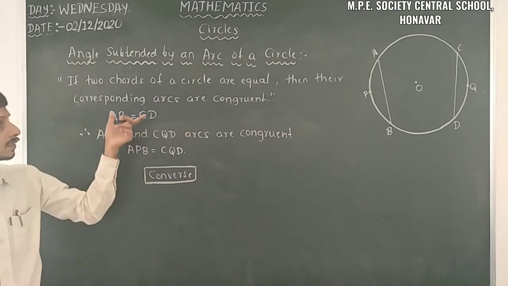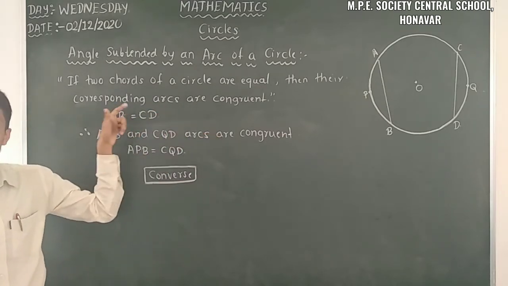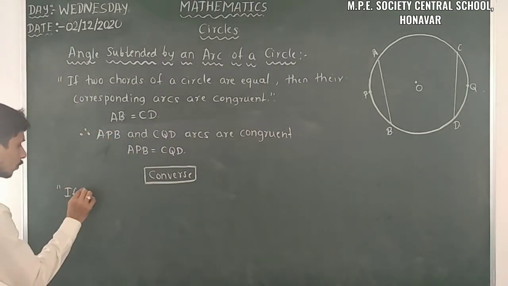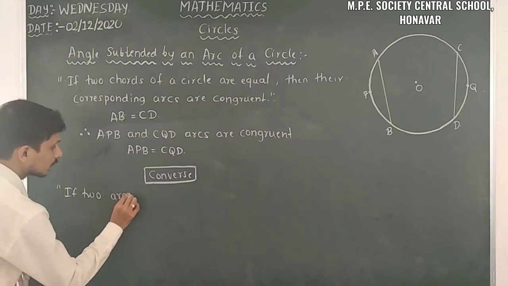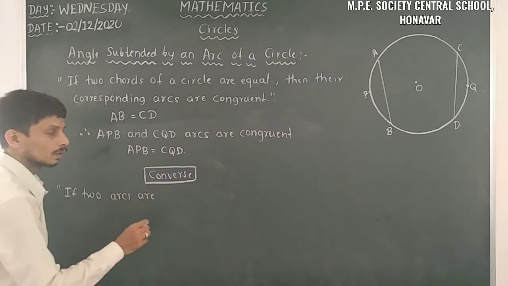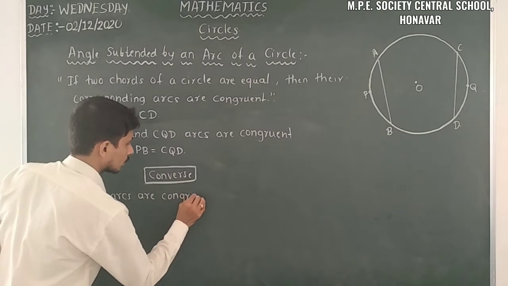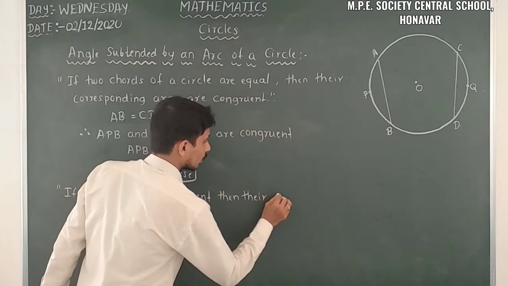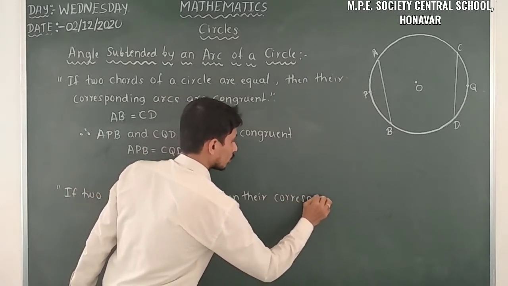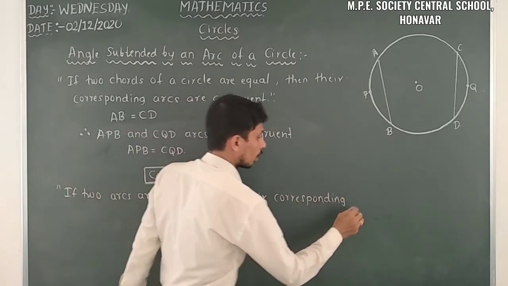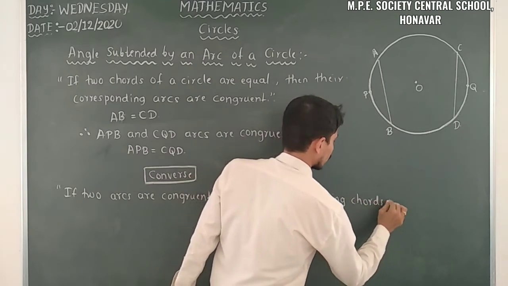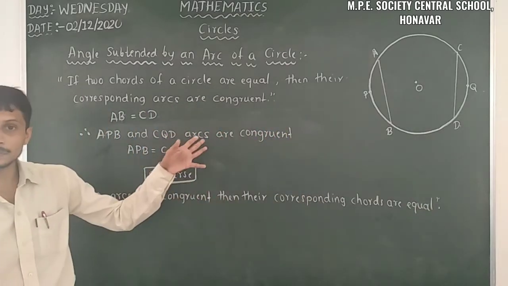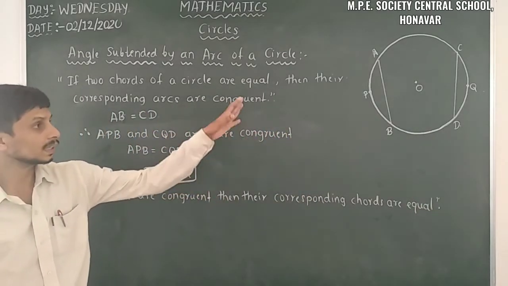The converse is: if two arcs are congruent, then their corresponding chords are equal. That means firstly we have arcs, that is APB is equal to CQD.